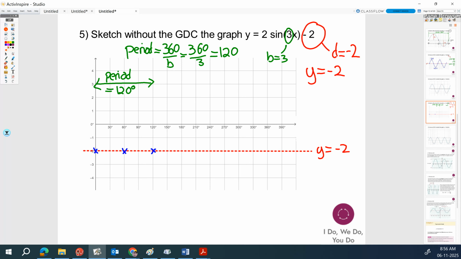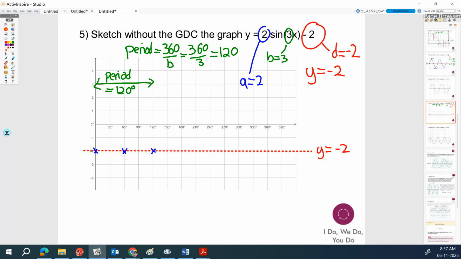Our last one is the A value. So A here, this is A is equal to 2. And that's the distance we're going to reach our peak. So we cross the principal axis 3 times. Halfway between these 2 points, we have a maximum and we have a minimum. So halfway between 0 and 60, we are going to get our maximum.